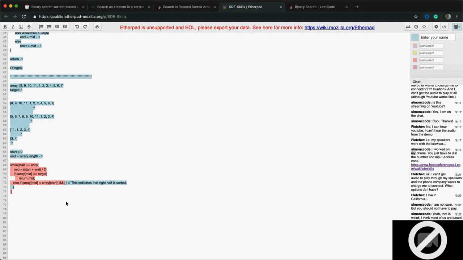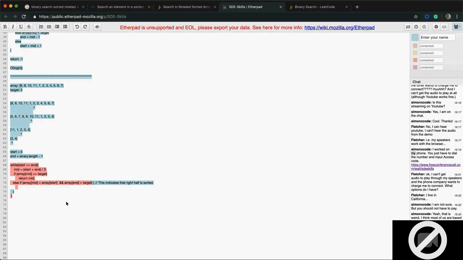So we can do and array of end is greater than target. Which means the target we are trying to search is on the... We probably would need one more condition here.